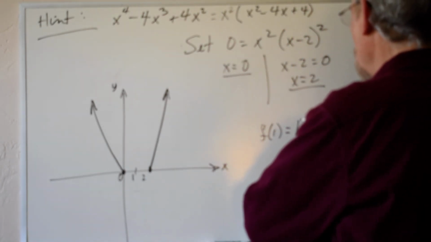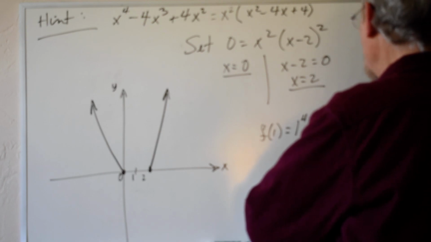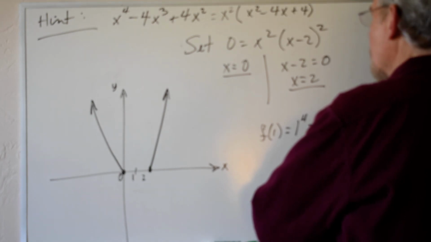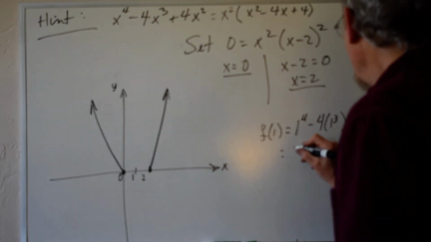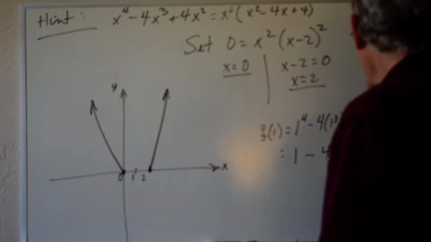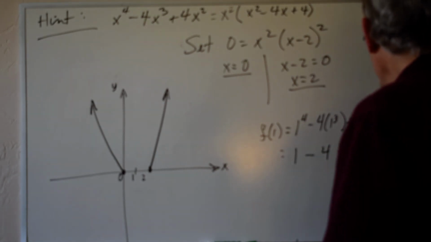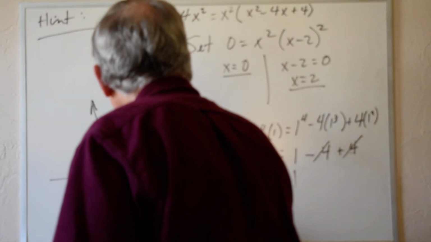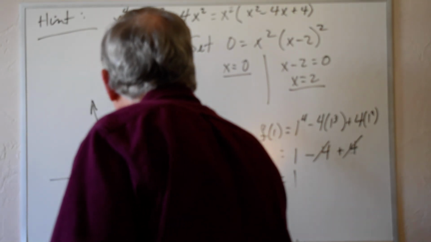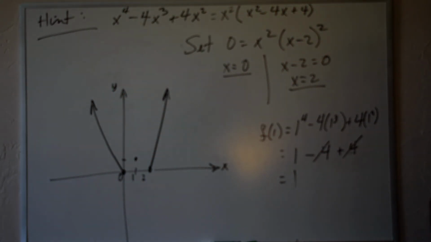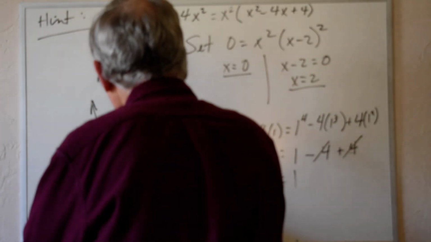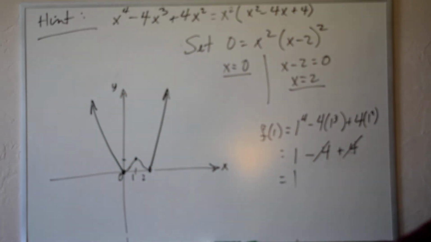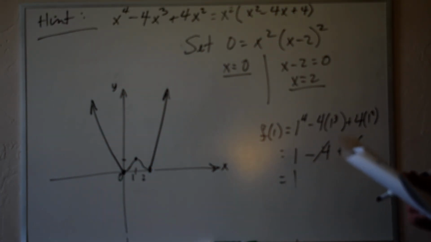F of 1 is going to give me 1 to the 4th minus 4 times 1 cubed plus 4 times 1 squared, which equals 1 minus 4 plus 4. 4's cancel out, and I get 1. So the point 1, 1 is on my graph, and now it's clear how the graph must go. This must go up into the middle hump here and then back down. Like that, we have our hump above the x-axis.